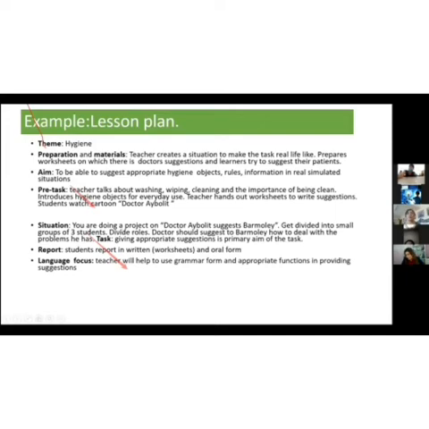Like you're doing a project on Dr. Ibelis suggests marmalade, and they divide into smaller groups of 3 students. Divide roles. Doctors should suggest to marmalade how to deal with the problems he has. Giving appropriate suggestions is the primary aim of this task.